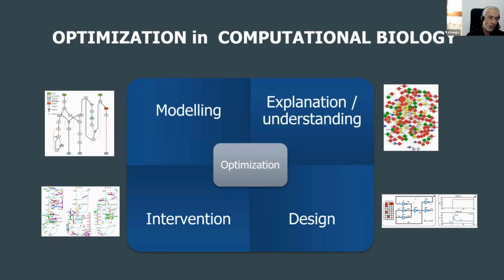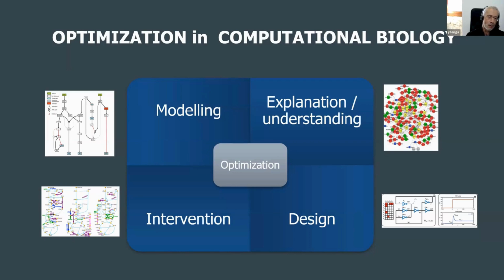But we can also use optimization for explanation and understanding of the models that we have previously recovered. Okay, so that would mean why is this pathway the product of evolution? Why does it have these regulatory networks and not other possible ones, for example?